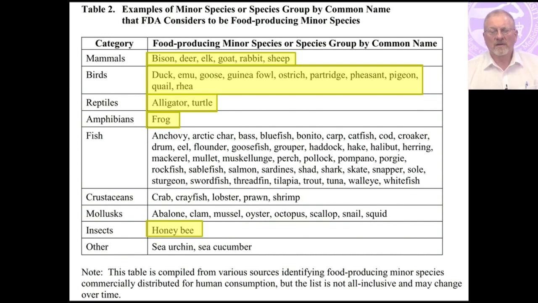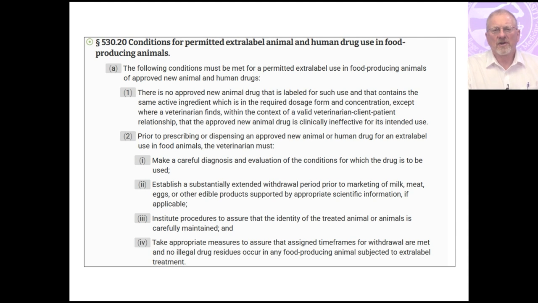So AMDUCA applies to food animals. There are some things where minor species are split off in some prohibitions, and of course in minor food animal species we're able to use drugs in the feed off-label under Guidance for Industry 615.115. But as far as AMDUCA goes, and what we're going to talk about today with aspirin, that applies to all of them. Just as a reminder of how AMDUCA works, and I'm talking to a group of people that are experts in it, these are from Part 530, which specifically address things that would apply here.